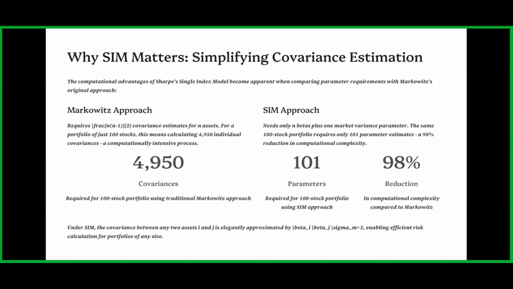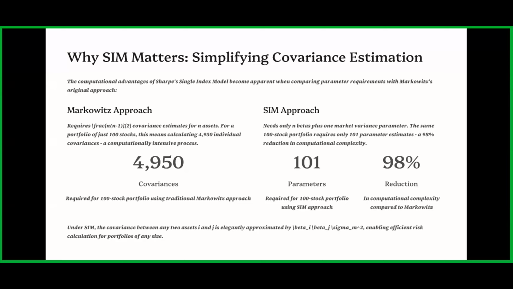It is a very hectic process, with the mathematical calculations we need to do in the Markowitz model. It is not possible for any investor to do such complex and hectic calculations. So that's why the single index model is easier for investment purposes.